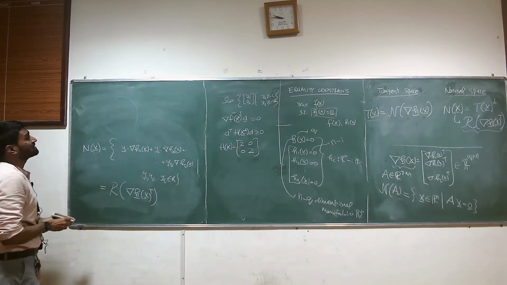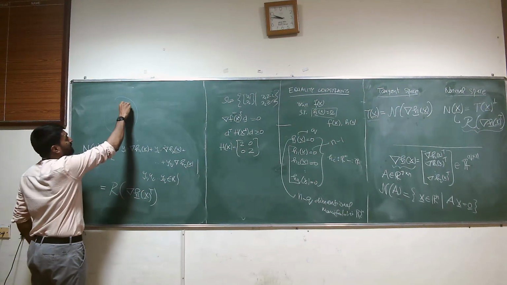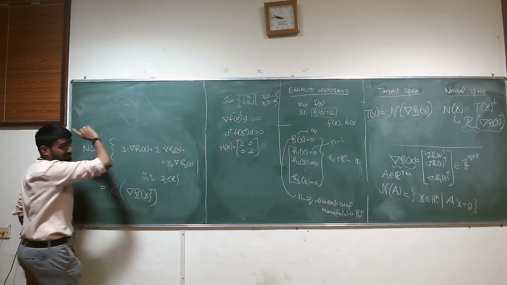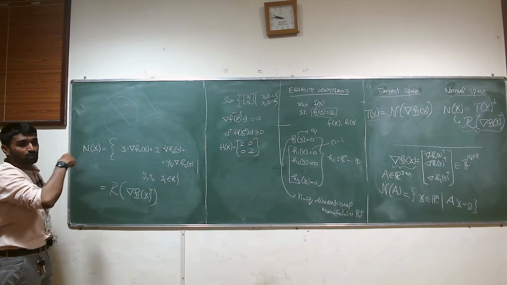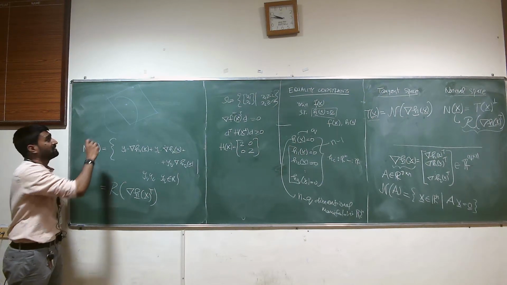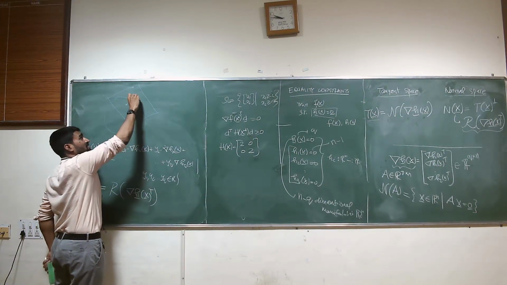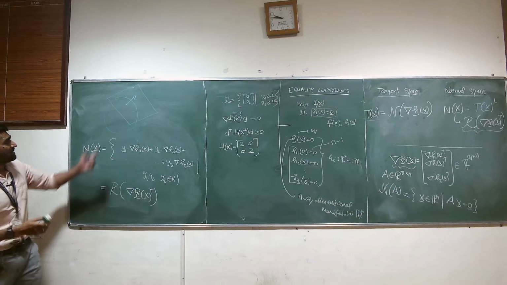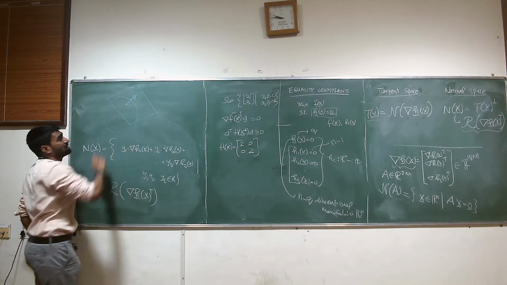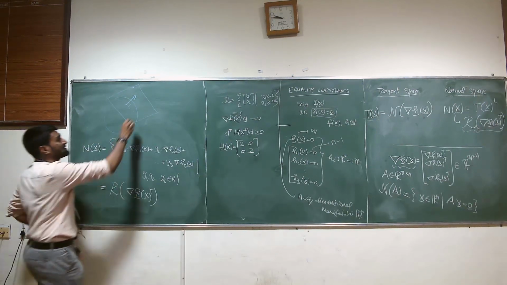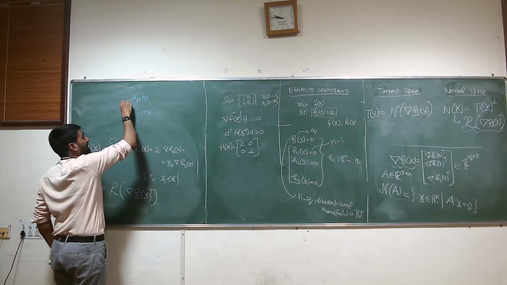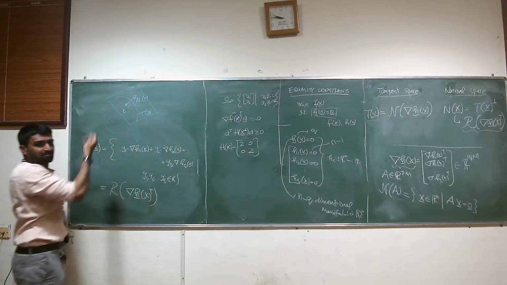Let's say you're at this point. The tangent space is this plane. What would be the row space? It'll simply be the vector that comes out of the sphere, orthogonal to the tangent space. This is your tangent space, and this is your normal space at this point x bar on the sphere.